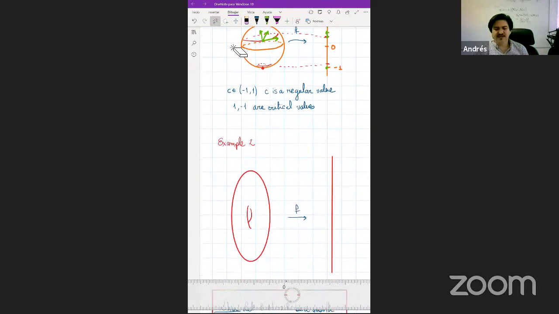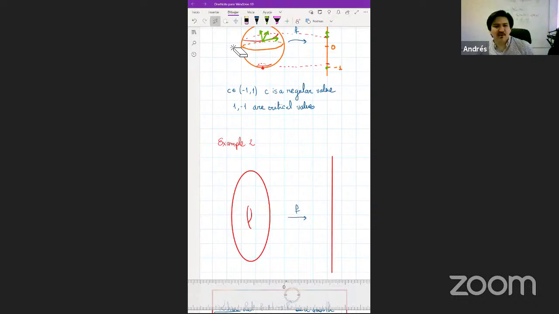I'm going to take the two-dimensional torus, S1 times S1, as we know it. And instead of laying flat as usual, I would put it standing in vertical position.